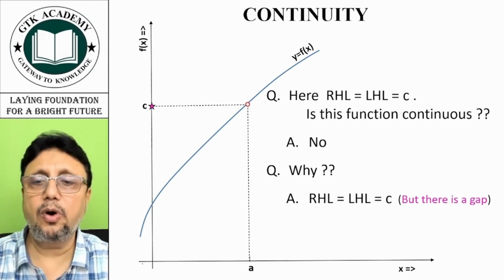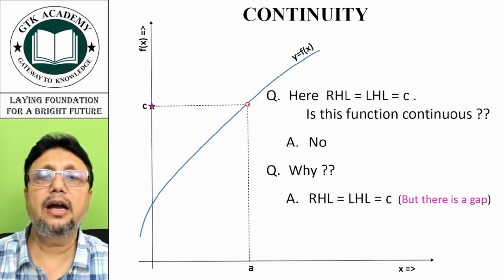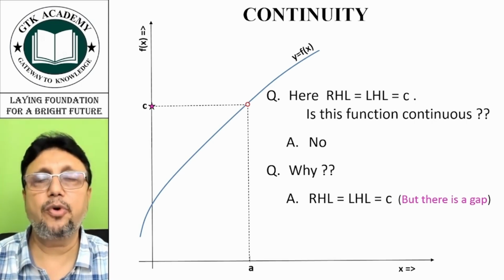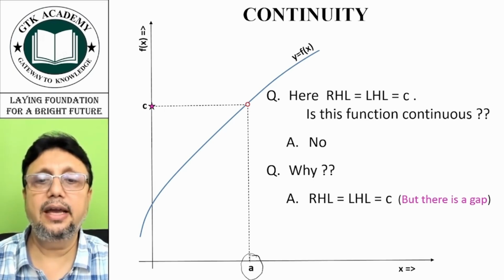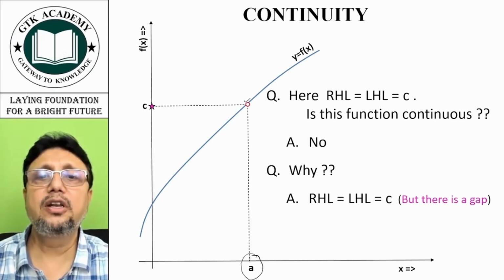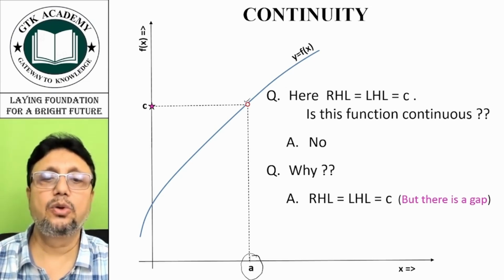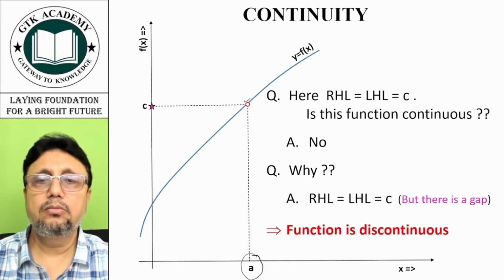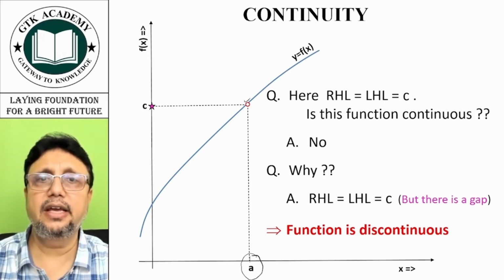There is a very small gap. In fact, it's a point gap, but I have to show it bigger because I can't depict a point. At x equal to, say, a, the function is not defined. So although both the limits exist and they are equal, the limit exists at a, but still the function is discontinuous.